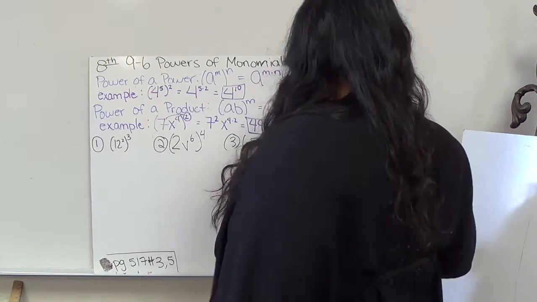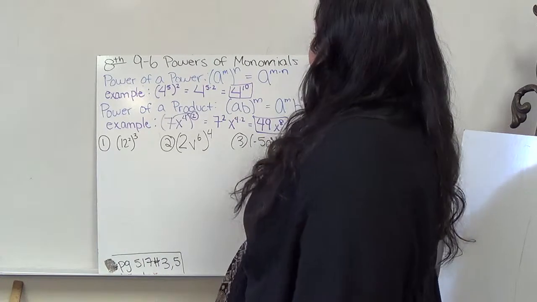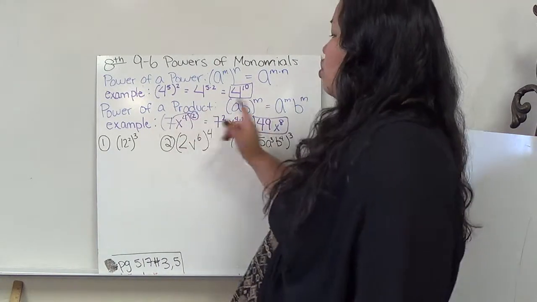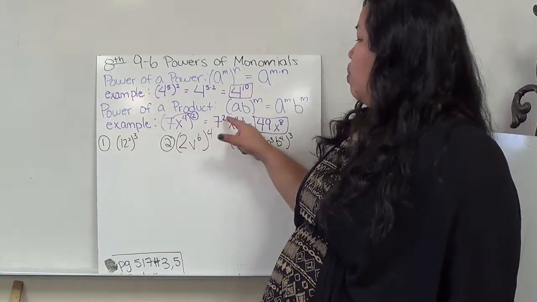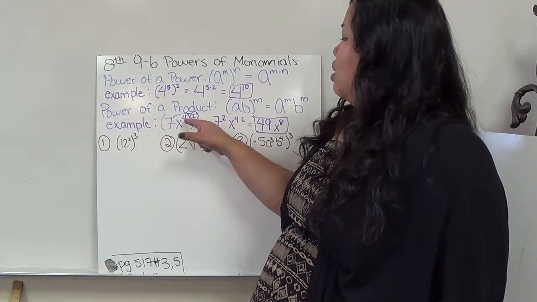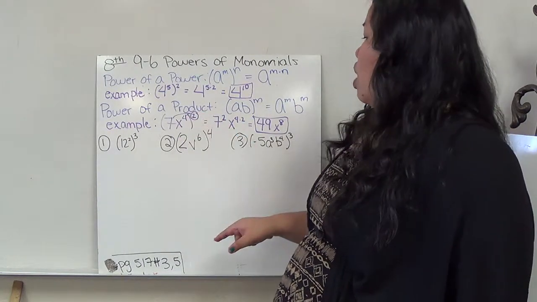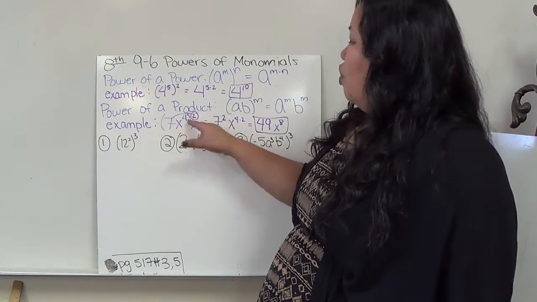If you look at this example, if I have 7x to the 4th and I raise it to the power of 2 in parentheses, I can take that squared and give it to the 7, so 7 squared, and I can take that x to the 4th and give it 2 also. So x to the 4th to the power of 2.